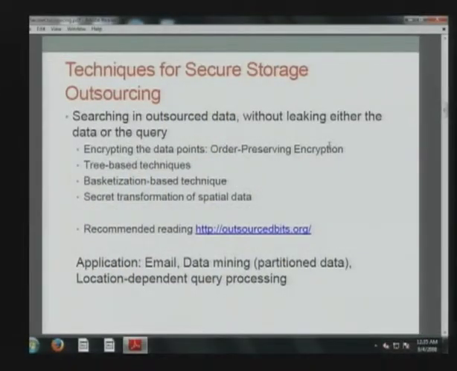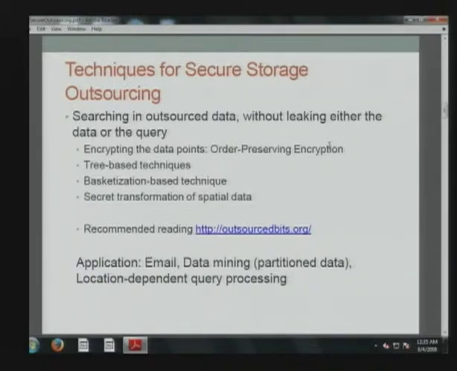Because he knows his query, he will follow the subtree that contains his query and go down level by level. Such techniques usually involve log n rounds of client-server interactions.